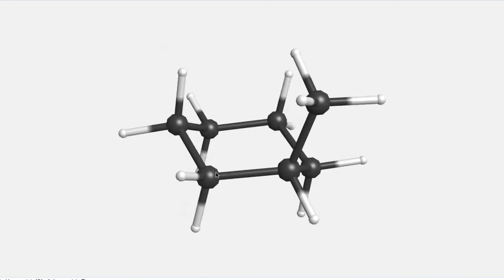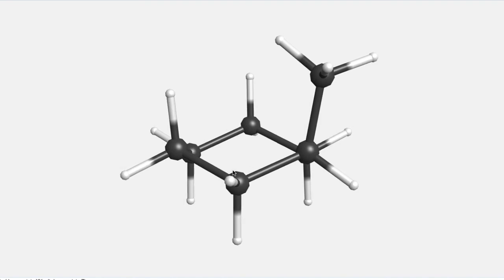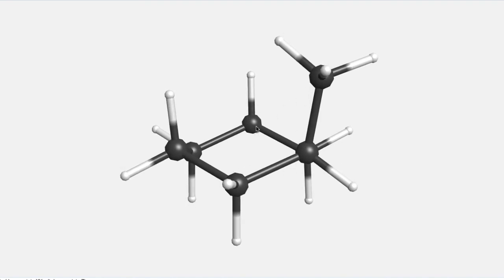There's a second gauche interaction if we look at it from the other side. Just wiggle it around to get it to view. There we go. There's a second gauche interaction. And if we consider butane, gauche interactions cost 0.9 kcals per mole, which I just said. Here we have two gauche interactions. 2 times 0.9 is 1.8.